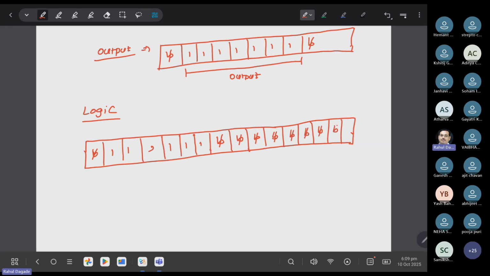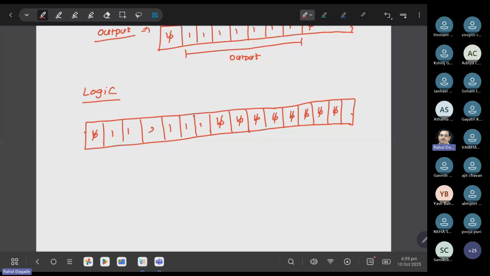Okay, so what we will do, we will start in this state, and we will convert this 1 into blank, indicating that we have read it.